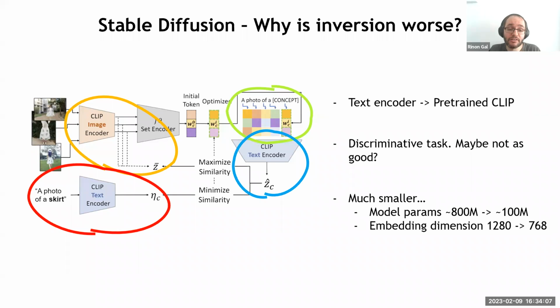And we didn't examine this quantitatively, but we've seen many reports that inversion does work much, much better with Stable Diffusion 2, right? So it seems that this inversion approach is sensitive, in a sense, to how big the text encoder is, how expressive it is. Okay.